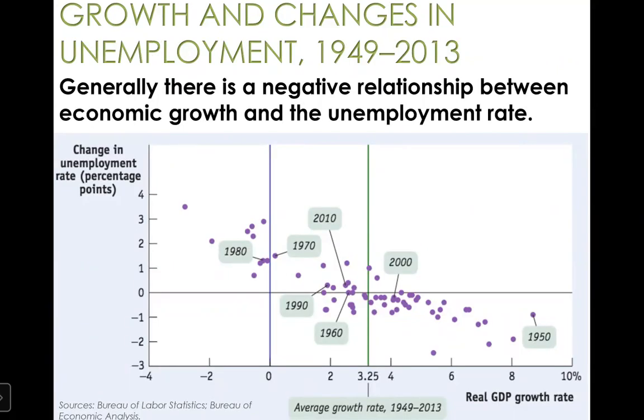So if we look at long-term data, we are going to observe an interesting correlation. What is the correlation? The real GDP growth and the change in the unemployment rate. If you have a higher number, it means you're doing worse. If you have a lower number, it means you're doing better. Okay?